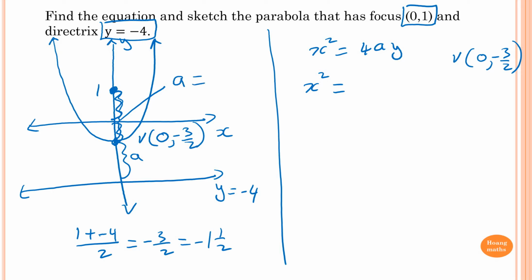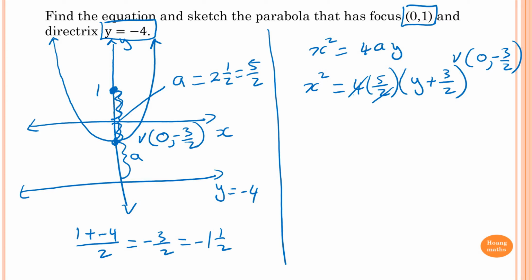So a equals 1 plus 1.5 is 2.5, or 5/2 if you like, which is 4 lots of 5/2, and then y, because the coordinate of y is moved down 3/2, we do the opposite. Remember that inside the bracket we will always do the opposite, so it's plus 3/2.